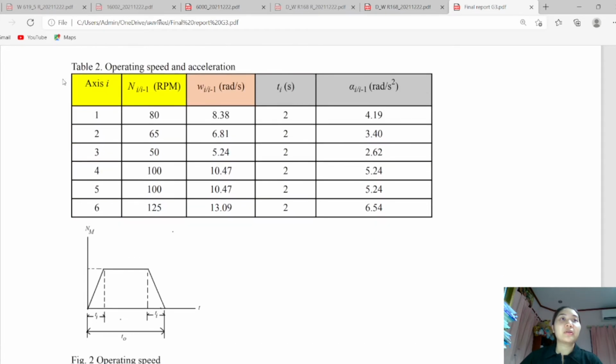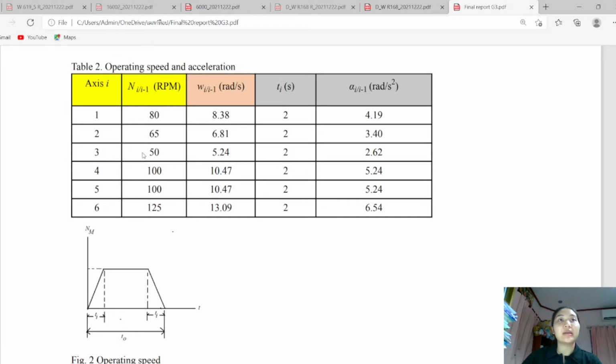And the second table is operating speed. In each axis, we use a different operating speed. For axis 1, we use 80 rpm. Axis 2, we use 65 rpm.